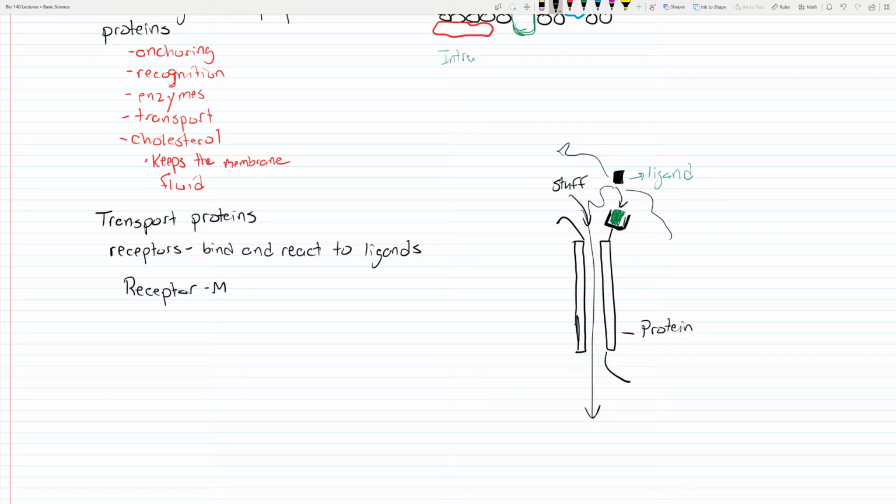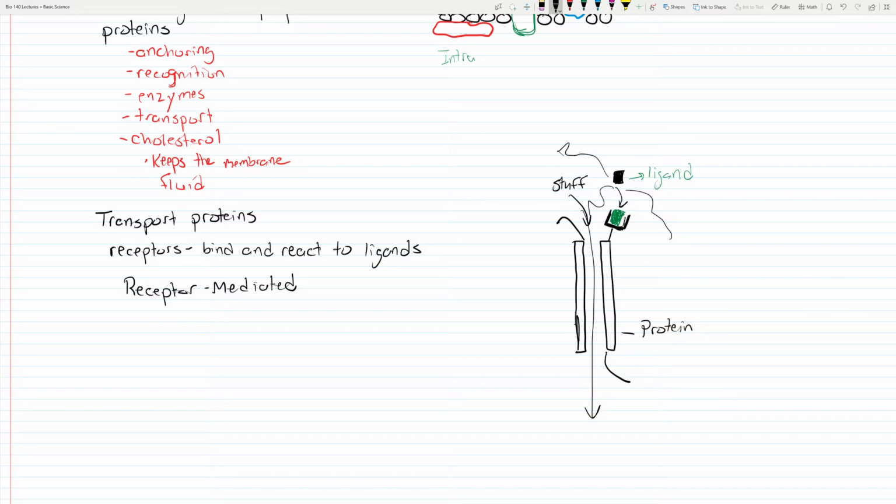Receptor mediated. The easy way to say this is your cells will not do anything unless they're told to. Now there are two ways to think about it. This is actually brilliant, or this is the dumbest thing I've ever heard.